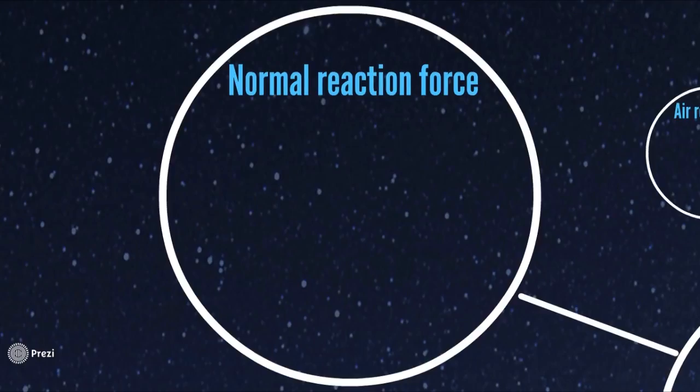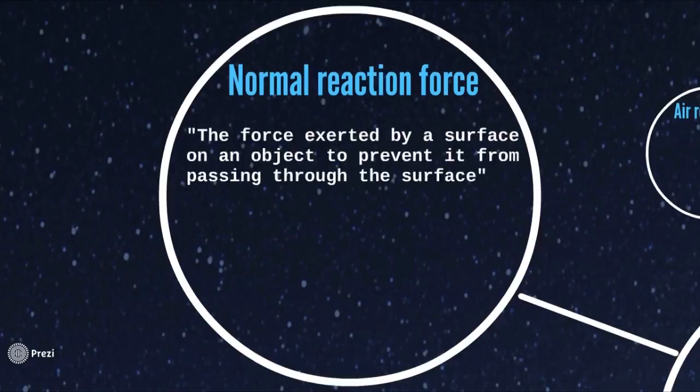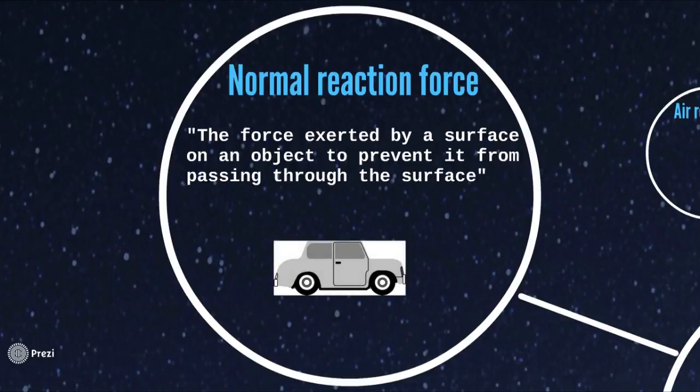So the definition of normal reaction force says something like this: the force exerted by a surface on an object to prevent it from passing through the surface. So let's say there's this car on the ground that we can see here, and let's say it has a weight of 100 Newton.